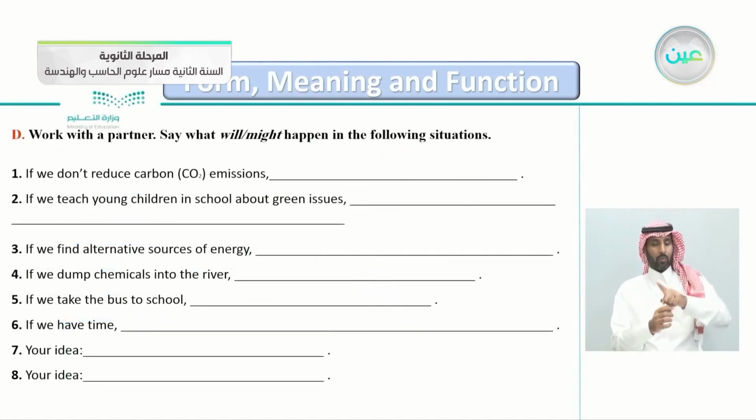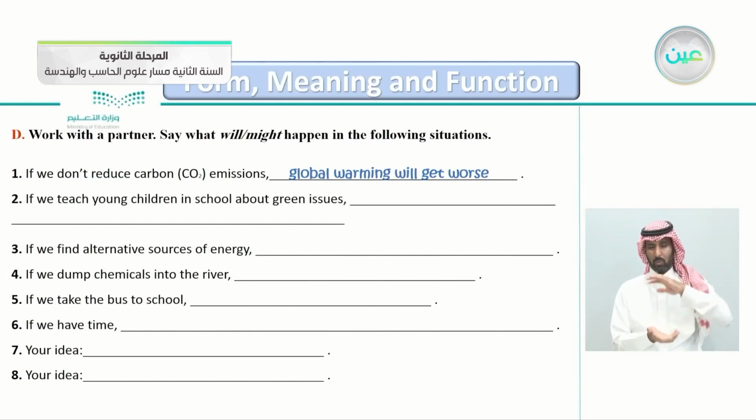Exercise D here, work with a partner, say what will or might happen in the following situations. If you don't reduce carbon, CO2 emissions, you can, of course, continue this by yourself. So, for example, I wrote in the first one, if we don't reduce carbon emissions, what will happen?